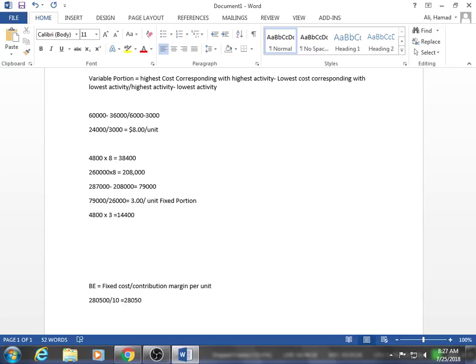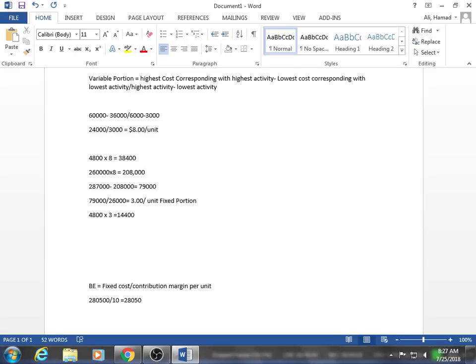This is the units in order to break even. They have to sell 28,500 units, or sets, in order to break even. So this is the break-even in number one. Compute the break-even in units.